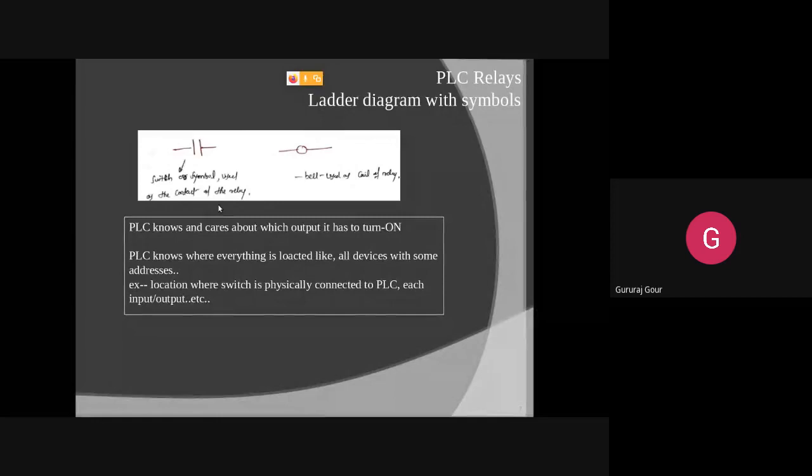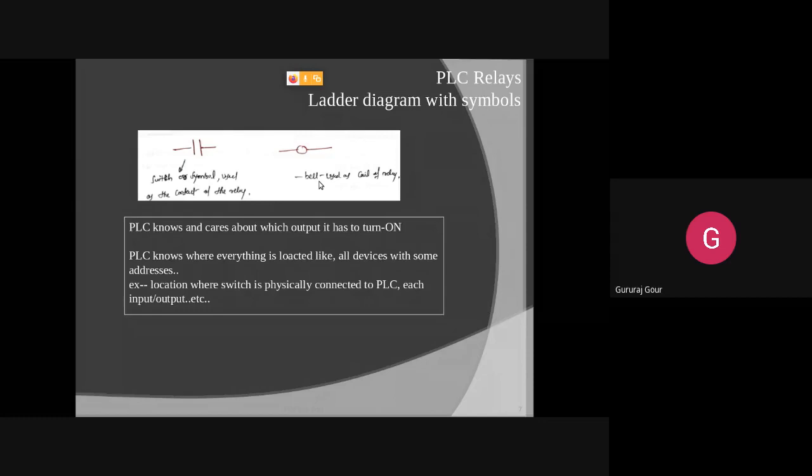So now you can see here, this is the symbol which is used as the contact of the relay. Two parallel plates placed vertically, close to each other, are used to represent the contact of the relay. The circular symbol is used to indicate the bell, used as a coil of the relay.